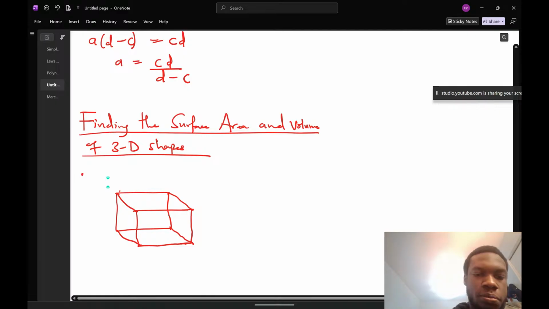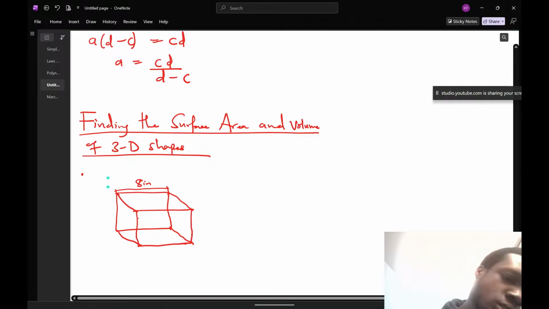The length of this place from here to here is 8 inches. Okay. The distance from here to here is another 8 inches. And this one from here to here, this one I'm talking about, okay? And then the one from here to here is 8 inches.